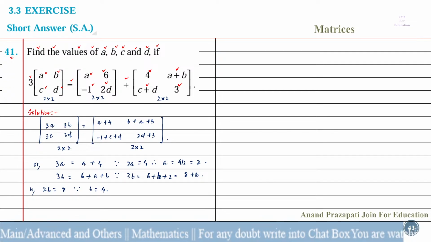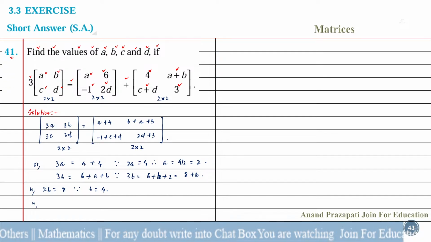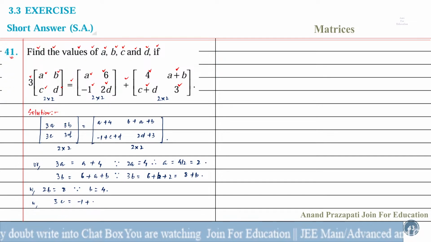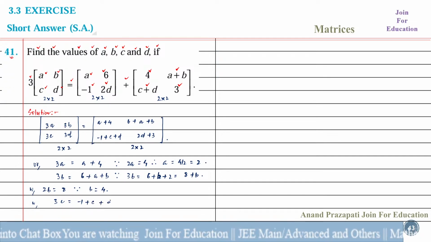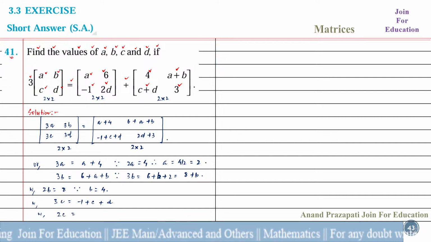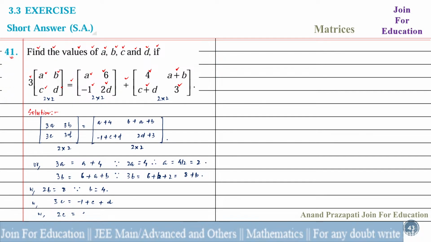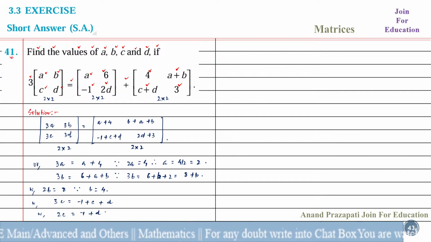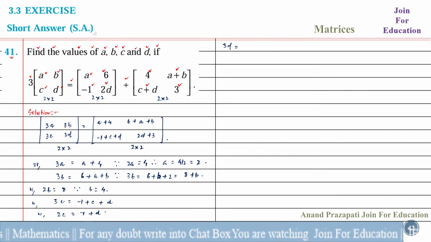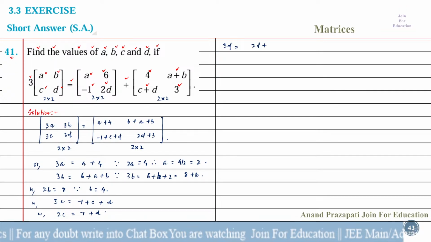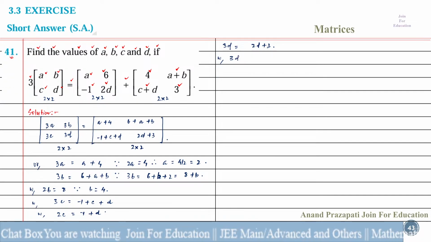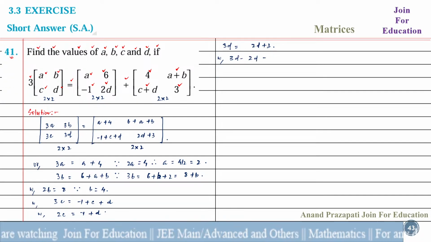3c equal to -1 plus c plus d, or 2c equal to -1 plus d. Again 3d equal to 2d plus 3, or here 3d minus 2d equal to 3.